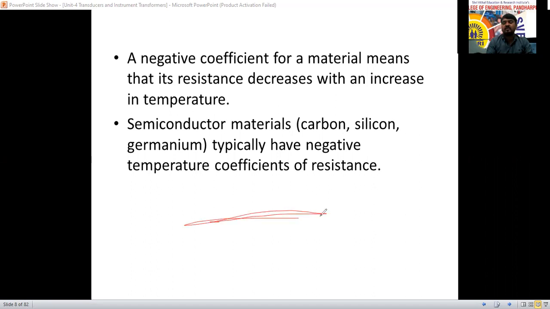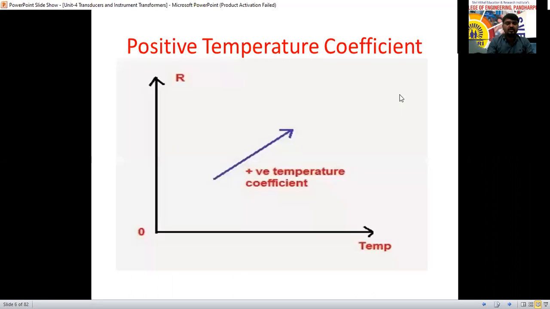They will not change with increasing or decreasing temperature. Okay, that completes the resistance temperature coefficient. If you have any doubts or questions, you can ask now.